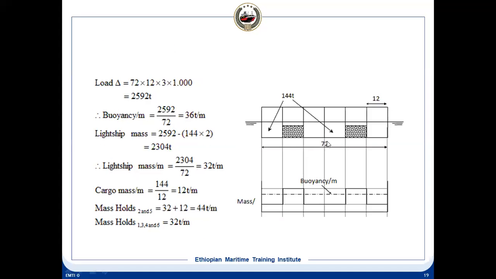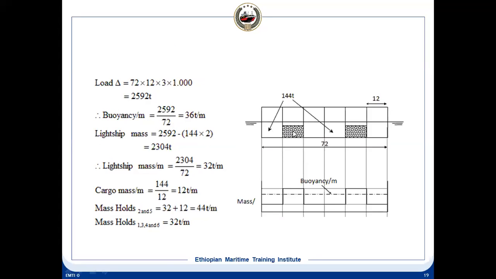Once it is added, this arrow will be shifted here and here. The length is 12 meters, so the 144 is divided by 12 meters, and we get the cargo mass distribution over this length.